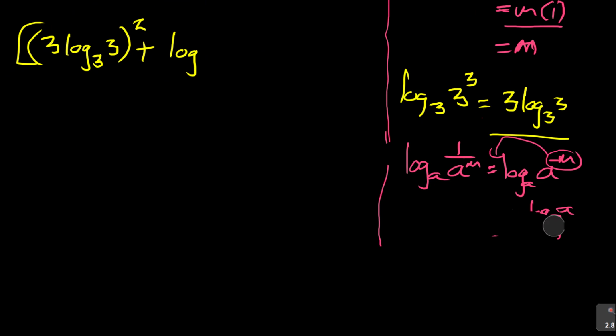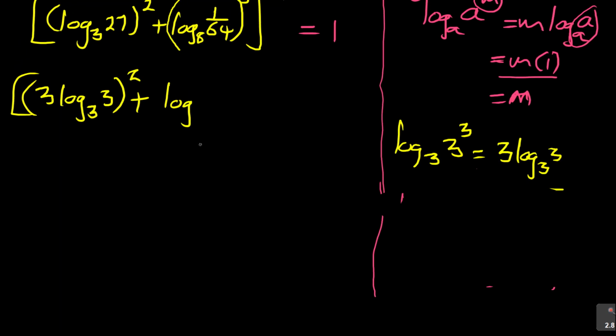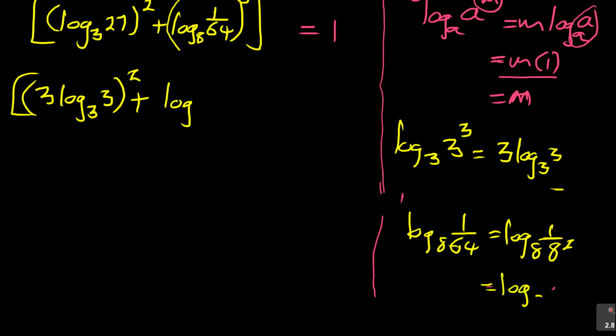So when I'm using the same thing here, when it comes to 1 over 64, just to limit my calculations, I've got log in base 8 of 1 over 64 is equal to log in base 8 of 1 over 8 squared. 64 is 8 squared, so 1 over 64 is 1 over 8 squared, which is equal to log in base 8 of 8 to the power negative 2. This is when I'm taking it to the top, it becomes negative. So that's the same thing here.